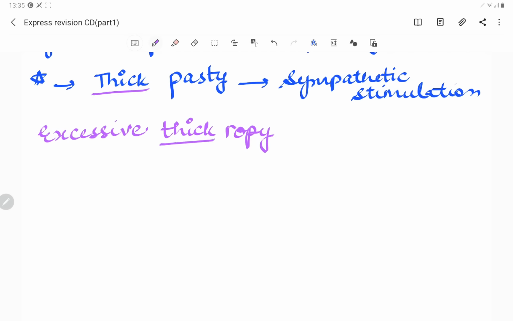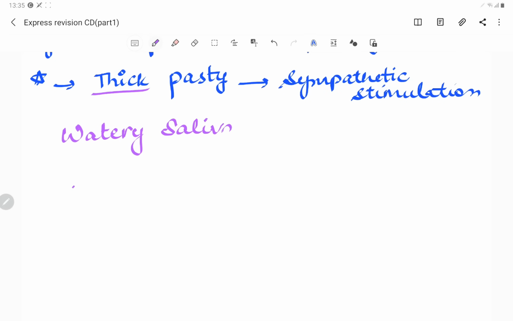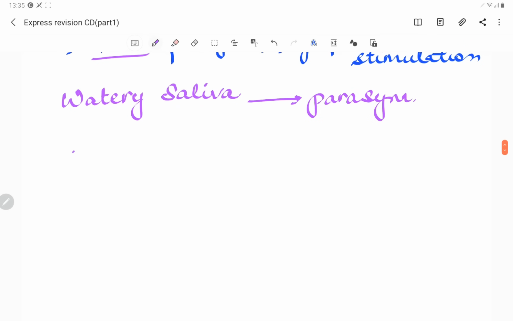Thick pasty saliva is due to sympathetic stimulation, and watery saliva is due to parasympathetic stimulation.